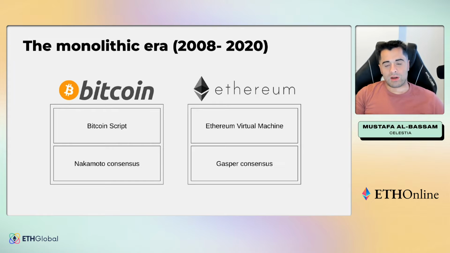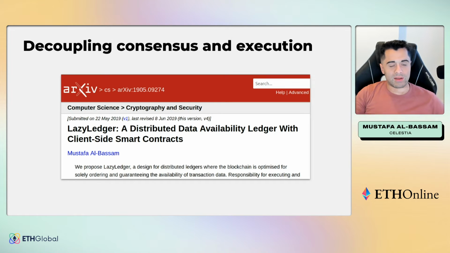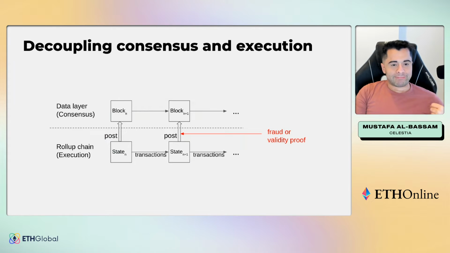For Ethereum, it was the Ethereum virtual machine and some consensus mechanism. And those two things were kind of coupled together. So all the nodes ran the execution environment and executed every single transaction on the chain. And this wasn't scalable. So in 2019, this idea of decoupling consensus and execution started taking hold.